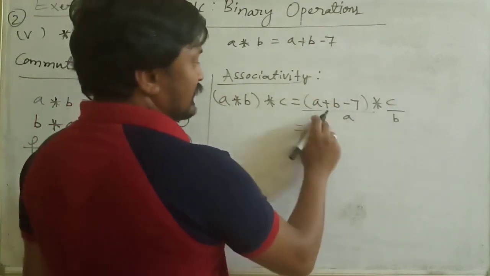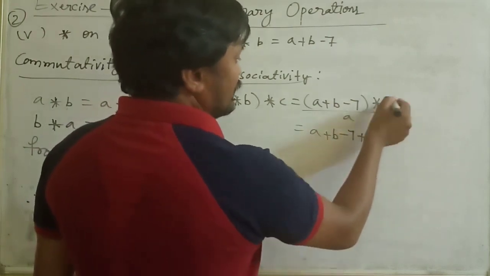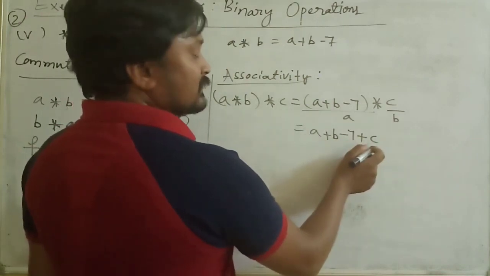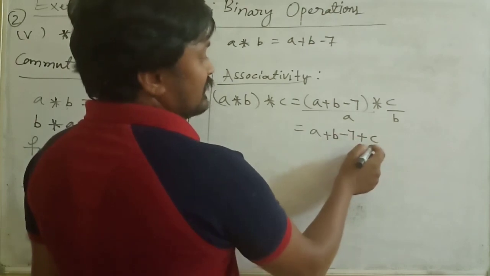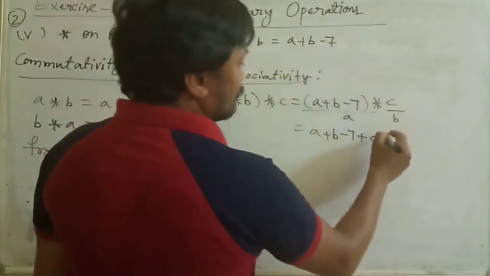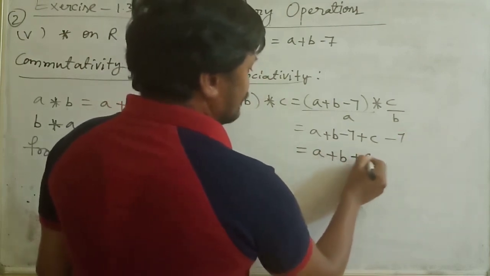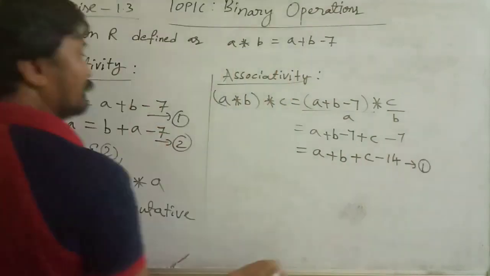First A plus B: A is nothing but A plus B minus 1, plus B is nothing but C. A plus B done, minus 1. So we get A plus B plus C minus 2. This gives equation number 1.